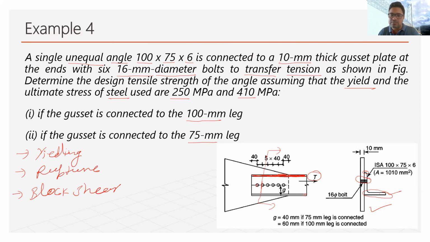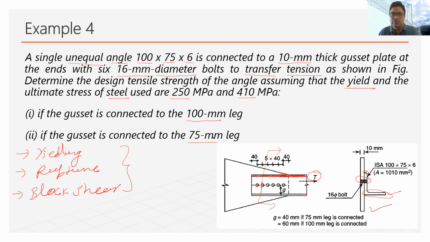So in all three aspects, we will find out the design tensile strength, and then we will compare the strength determined using these three aspects. The strength which will be the lower one will be the strength of the tension member.